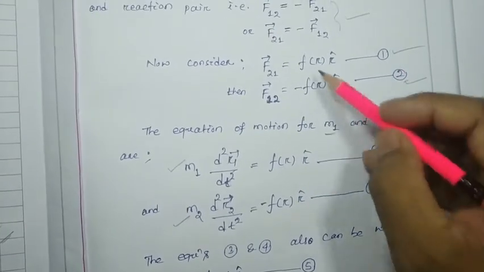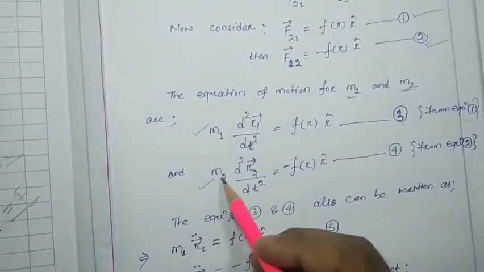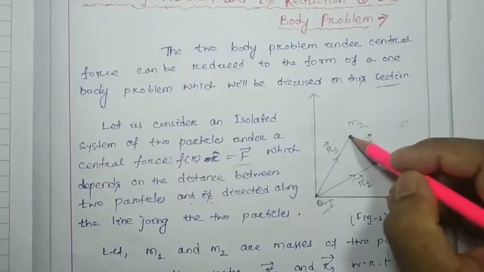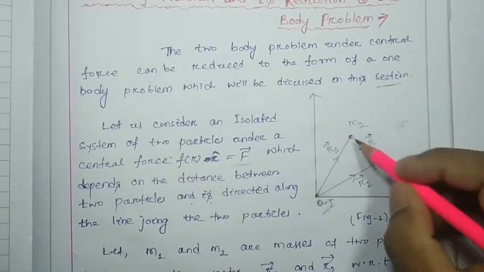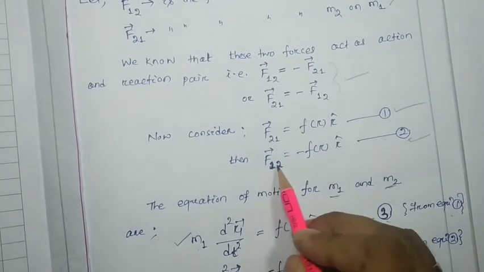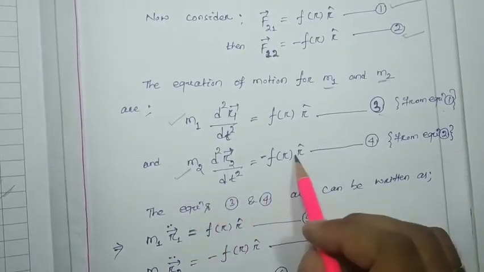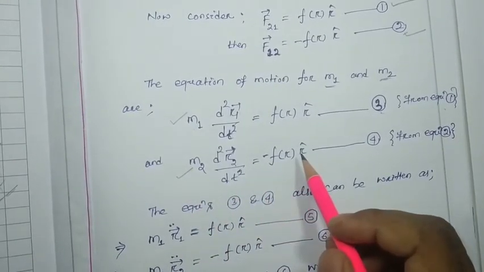Similarly, if m2 is in dynamics, then due to the force of m1 on m2, the force of m1 on m2 is nothing but minus F of r cap. Here I wrote this one. This is the equation of m2.